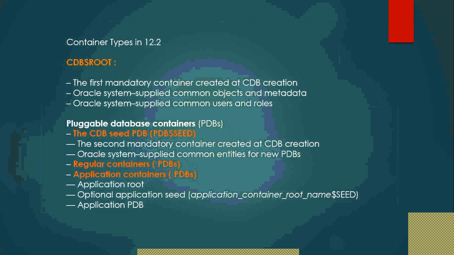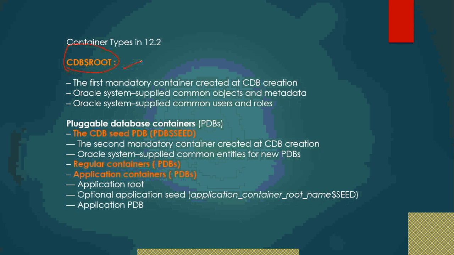Now, when we talk about the container types which have been introduced in 12.2 especially, we have three sets. First is CDB$ROOT. This is the same as we had earlier. So to summarize, a CDB is an Oracle database which contains the CDB root, CDB seed, and multiple pluggable databases.